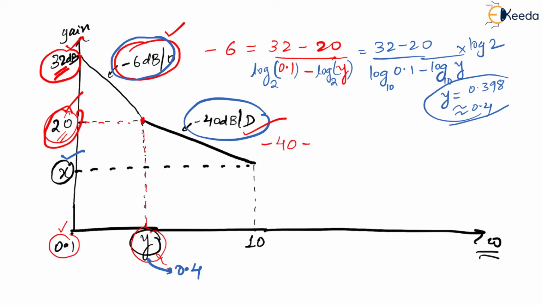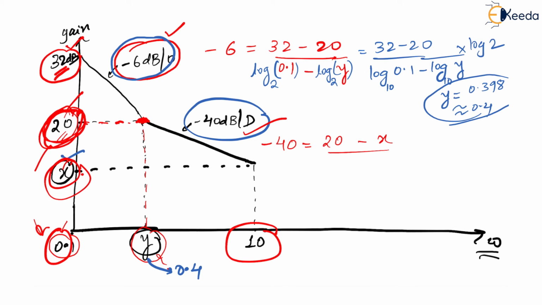So this slope is minus 40, which is equal to 32 minus 20, which is, now if you see, this is 20 minus this x, so it becomes 20 minus x divided by, at 20, this is 20. For this particular one we are trying to find, the starting point here I have 20 and here I am going to have 0.4, which I have found out, so it is going to be 0.4 minus, last one is 10, minus 10.